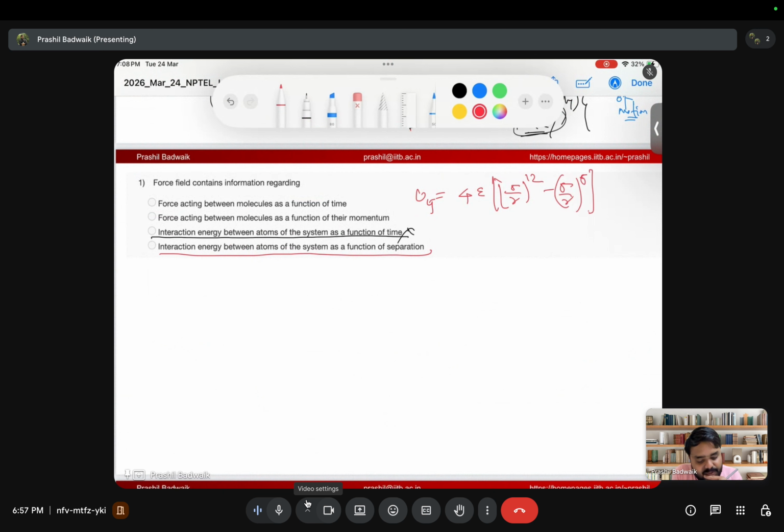So which gives you as a function of separation distance, and then it will also give you force as a function of separation distance, right? So these two options, I would say, first of all, correct answer is option 4. But instead of interaction energy, if the force had been written, that is also correct, as a function of separation, and not as a function of time, not as a function of momentum. Correct? So option D is correct.